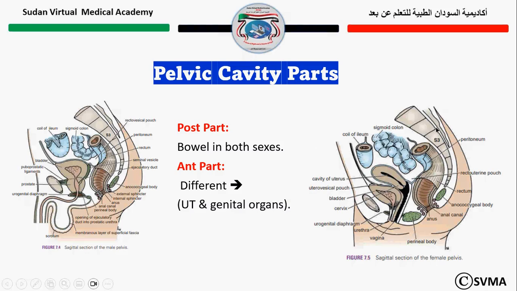Sacrum and rectum in the male, sacrum and rectum in the female, posteriorly. But anteriorly, in the male, you'll find straight away the bladder. In the female, between the bladder and the sigmoid colon and the rectum, you'll find the uterus and the vagina. So the anterior border of the sigmoid colon in the female is not the urinary bladder, it is the uterus and the upper part of the vagina.